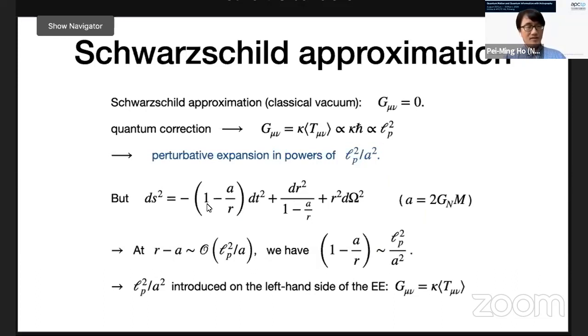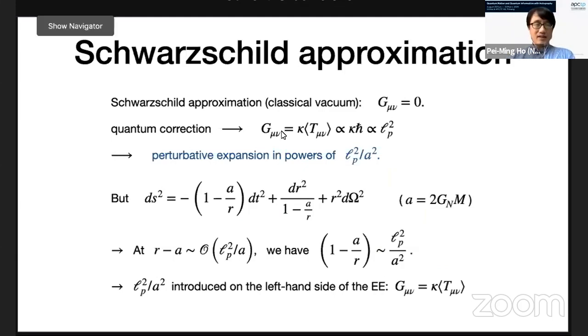However, if we look at the Schwarzschild metric, where the Schwarzschild radius is proportional to the mass, you have these factors like 1 minus a over r here and also here. Due to these factors, when r minus a is of order Planck length squared over a, you plug this in here, and you get from here and here a factor of Planck length over a squared.